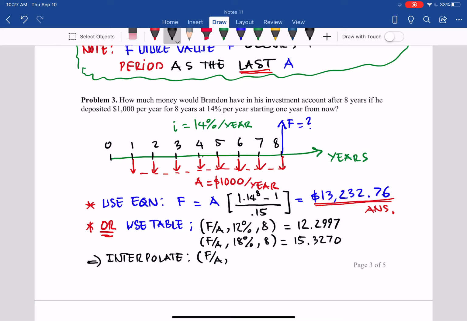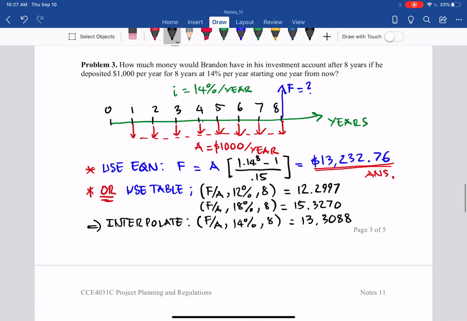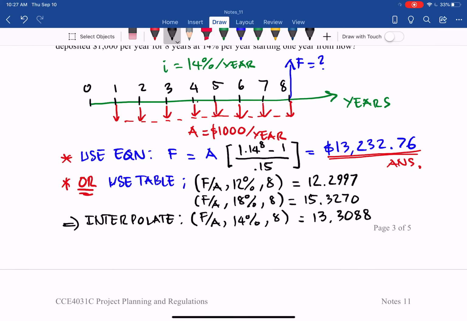Remember, we showed you interpolation in the square foot cost estimate, that equation. So 14%, that equation we want to interpolate here, equals 13. And don't pick approximate. This one matters, so you have to really interpolate if you use the table.